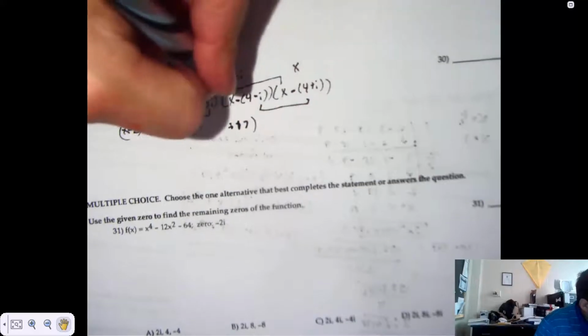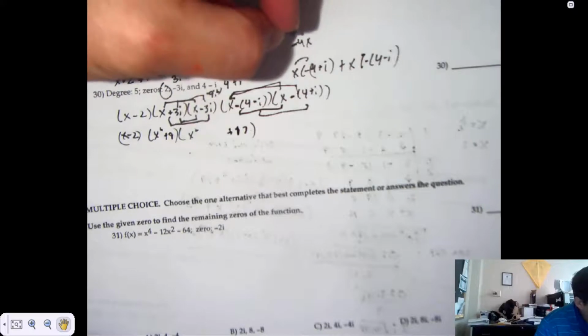Now the inside piece, you're thinking about joining. You'd have x times a negative 4 plus i, and then you'd be adding to it another one of these, an x times a negative 4 minus i.